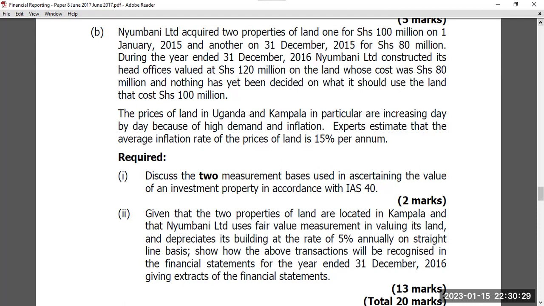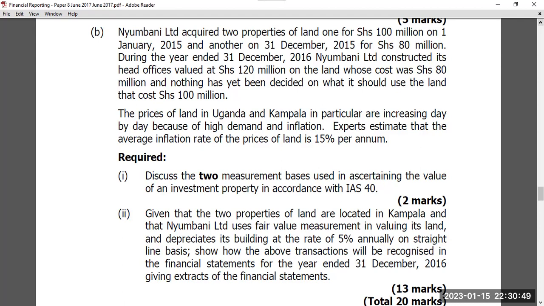When you look at the models used under IAS 16, you don't see any fair value model. We only use the cost model and the revaluation model under IAS 16 PPE.